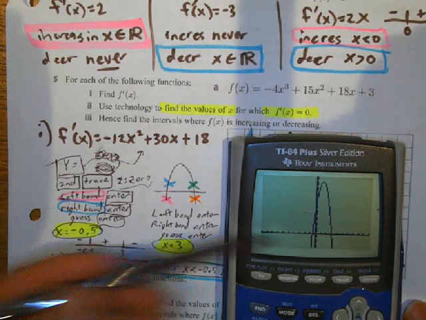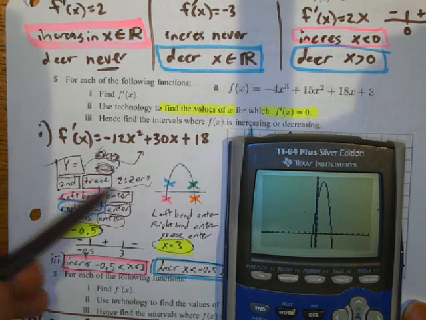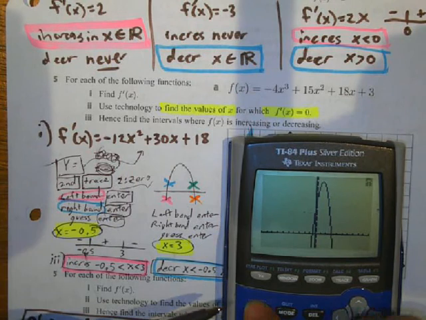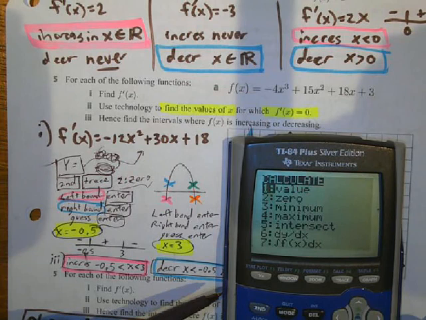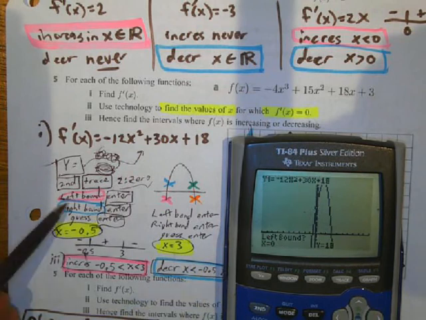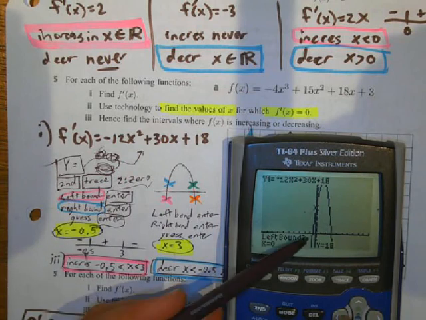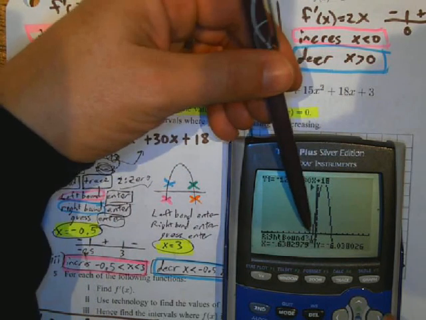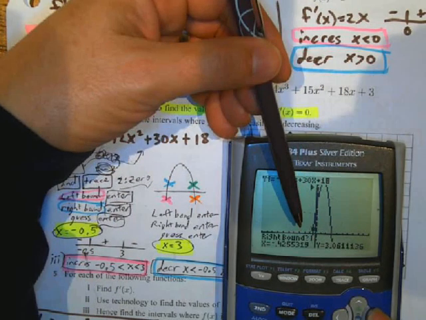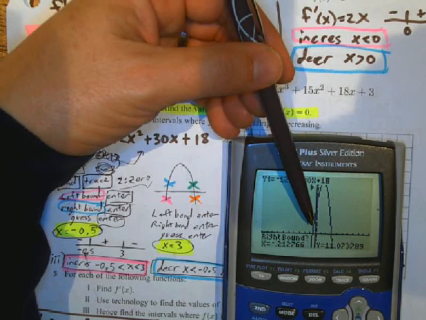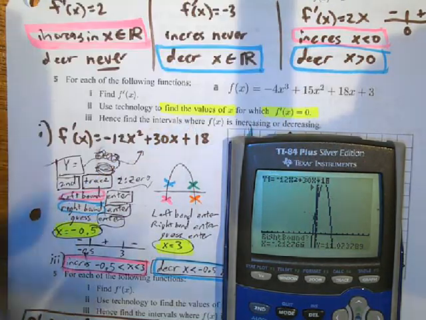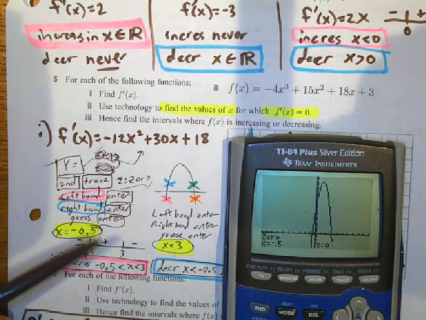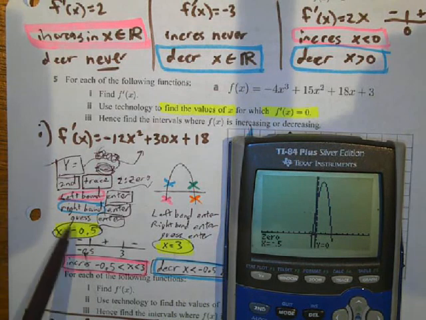So I'm going to hit second trace, zero. And the left bound, I need to go to the left of this intersection, so I have to left arrow. I'm to the left, I hit enter. Now I need the right bound, so I hit the right arrow. I'm to the right of this intersection, I hit enter, enter, and it tells me that the zero is at -0.5.